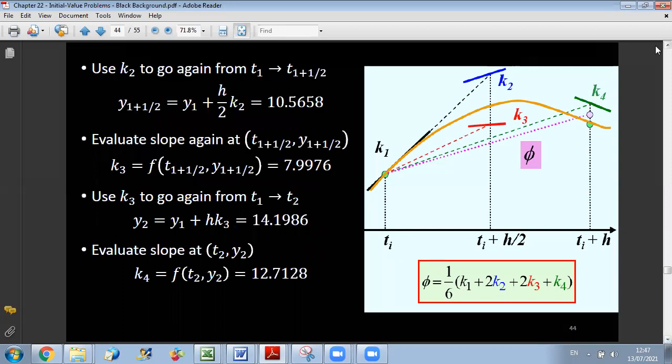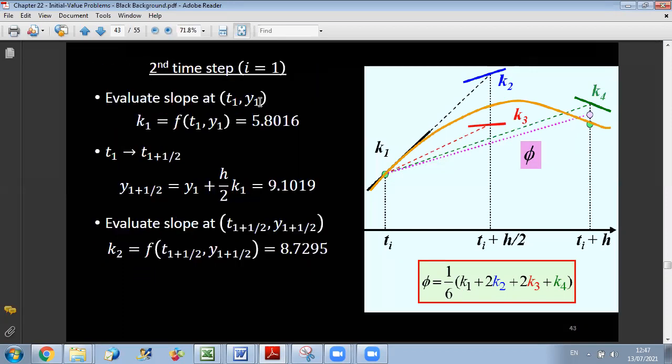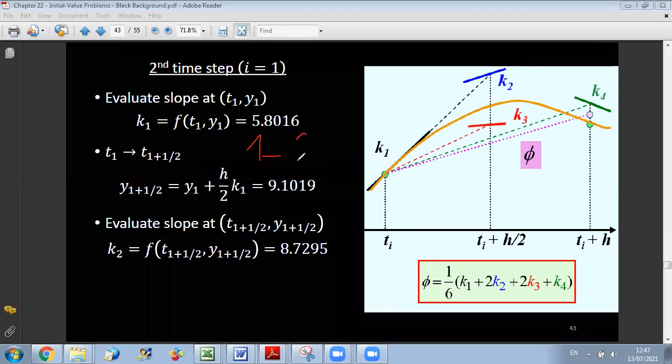Now, again in step 2, the same procedure, but my interval, instead of being from 0 to 1, is from 1 to 2. So the midpoint here will be 1.5. I first evaluate y at 1 plus half, so y at 1.5, which will be y1, which I evaluated in the previous step, plus h over 2 k1.